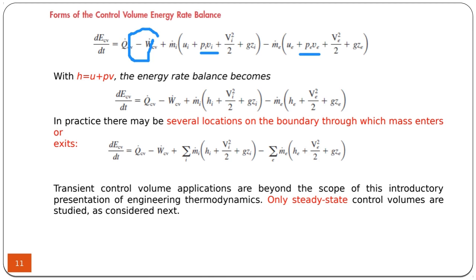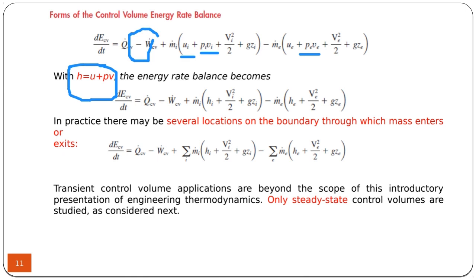we have a combination property called enthalpy. If the internal energy and pressure work are combined in one term as enthalpy, then the time rate of change of the energy inside the control volume can be written as Q dot CV minus W dot CV plus m dot times enthalpy plus kinetic energy plus potential energy at the inlet, minus m dot times enthalpy plus kinetic energy plus potential energy at the exit.